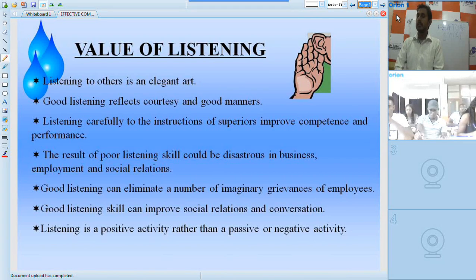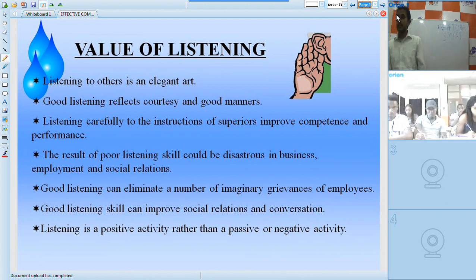Poor listeners could be distressed or might be harmful for the organization or the employment, because a person who is not a good listener is unable to make themselves comfortable with the organization, with the employment or with the society.